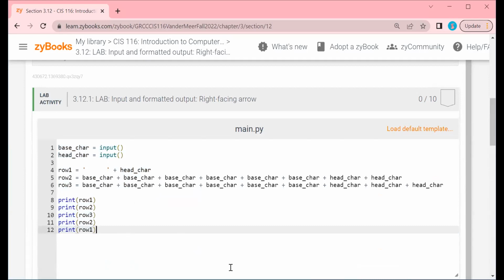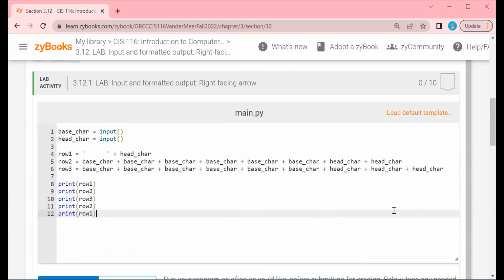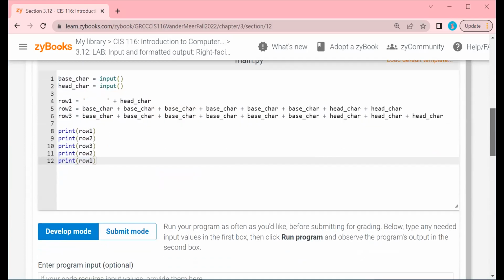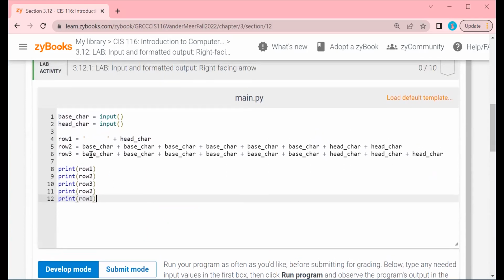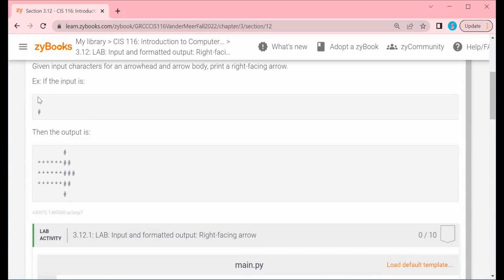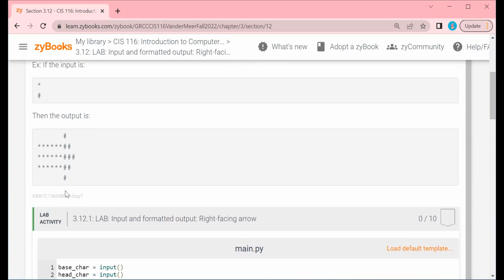But you could do it differently. Yeah, I kind of did it differently. That one is pretty long. This isn't the best way to do it. It's saying if your input characters are this and this, then draw this. So my base character of the arrow is a star, and then the head is a pound sign.